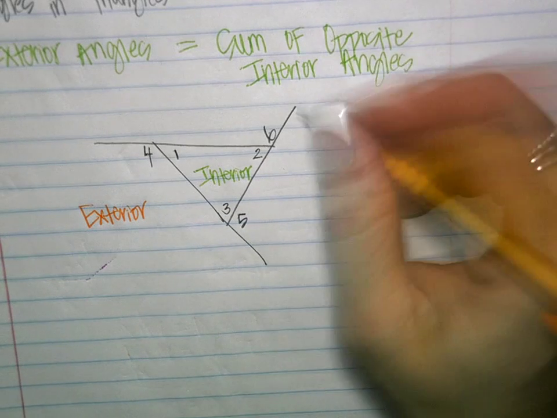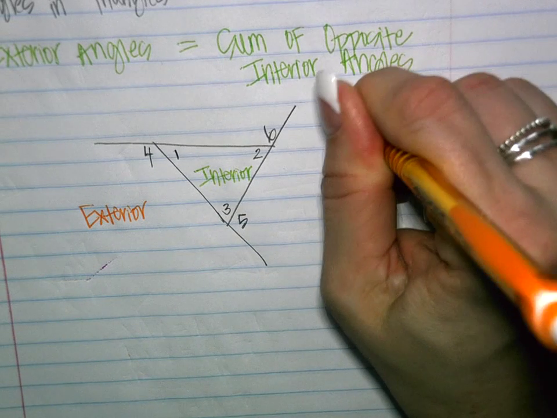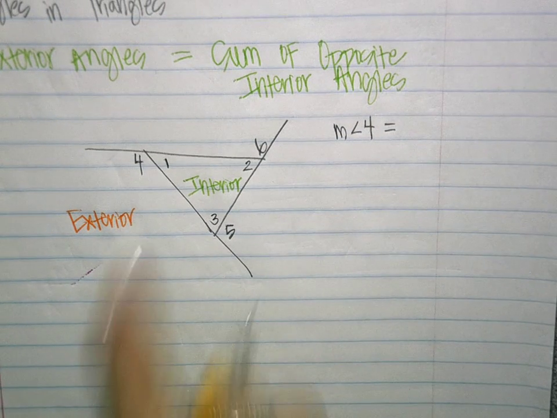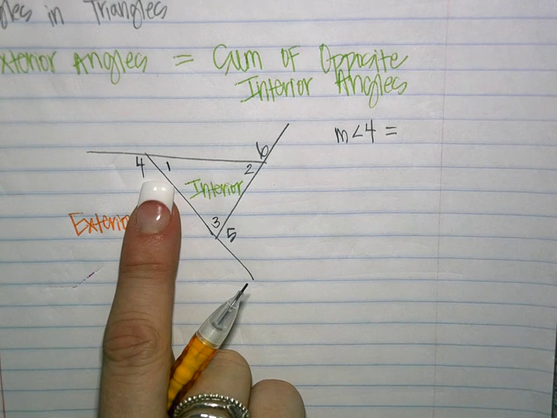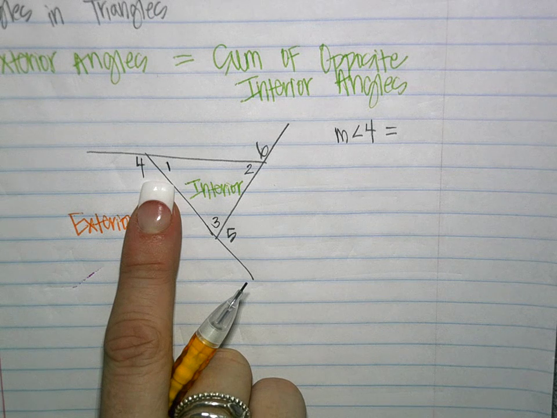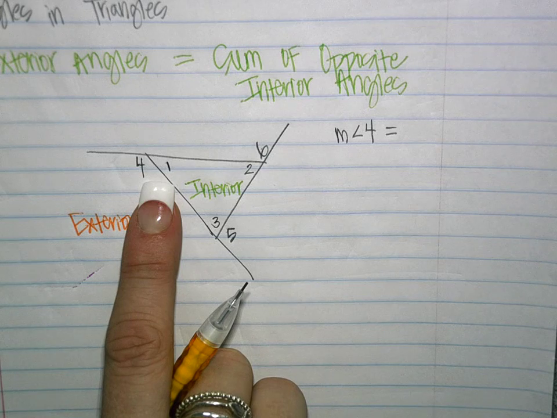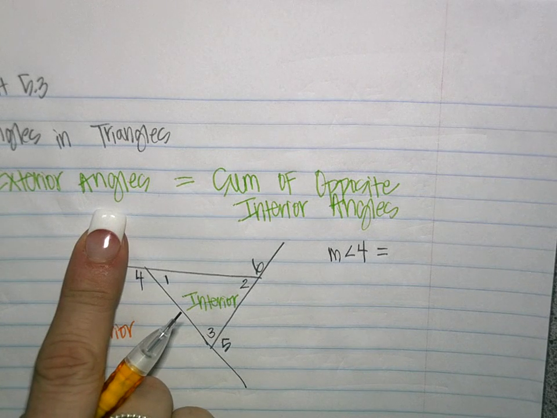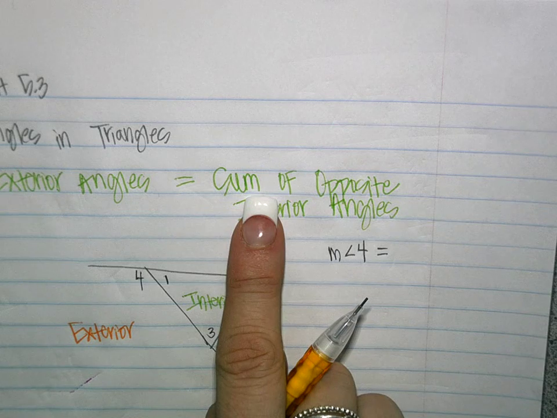So, if I asked you the measure of angle 4, how could you find it? Angle 4 is made up of which two? I'm not talking about what it supplements. Listen to my question. We just said exterior angles are equal to the sum of the opposite interior angles. 2 and 3.